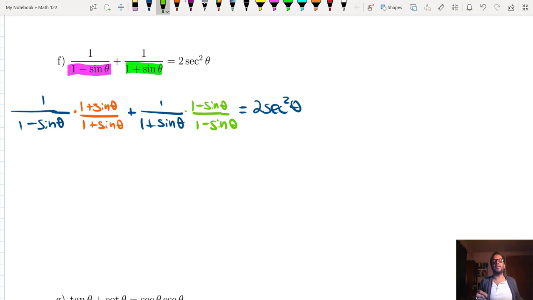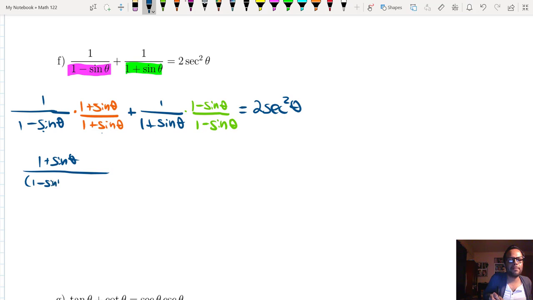Okay, so that's what we're going to do. Notice we can multiply these two together first. So that's going to be 1 plus sine theta divided by the product of these two guys right here, the blue and the orange, which is 1 minus sine times 1 plus sine.